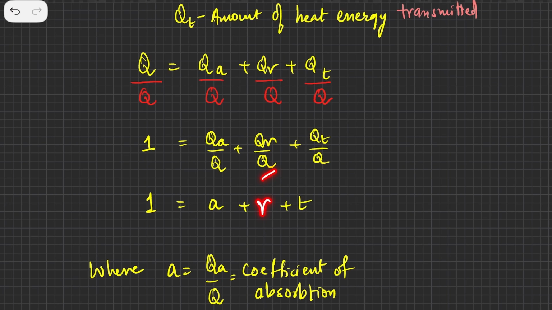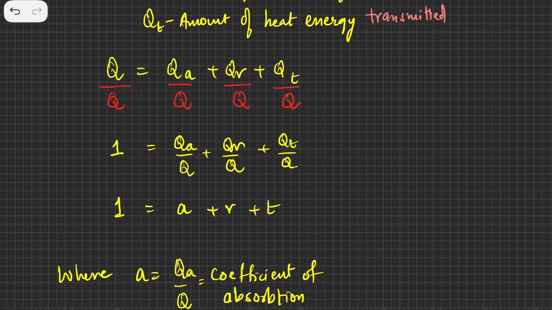This is written as small r and this is written as small t. Now many times what happens is, we refer after a few days and then we find that Q and Q has got cancelled over here. It's not like that. You cannot cancel like that.